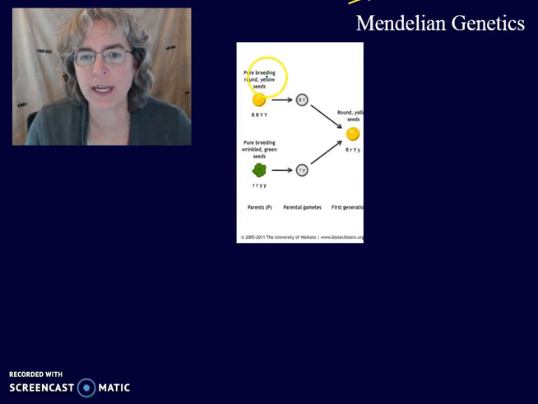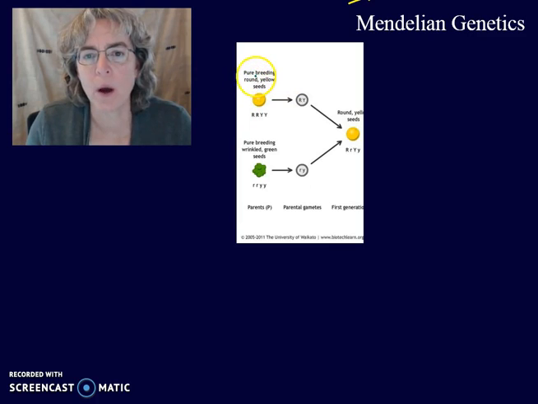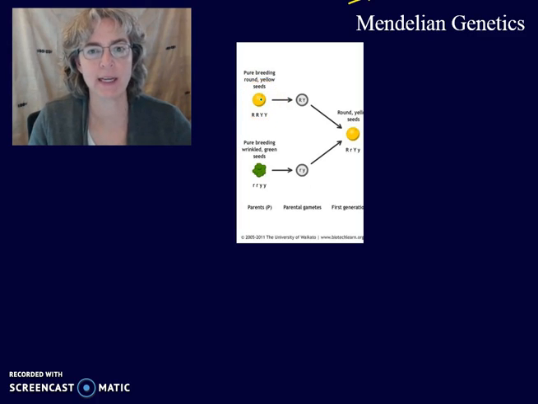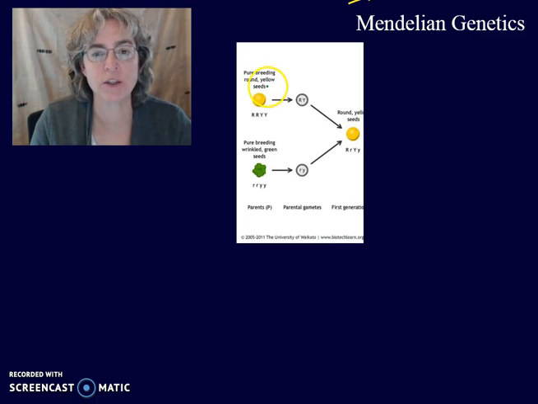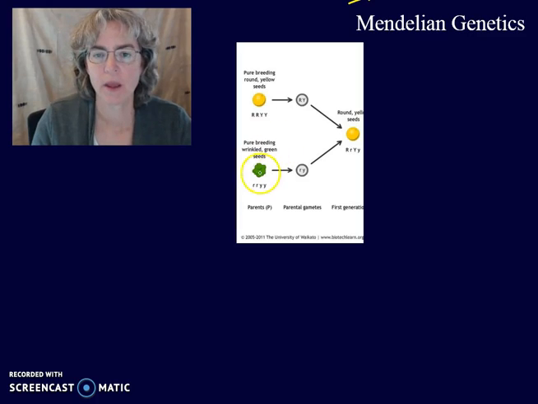What we're looking at right here, we have a plant that produces yellow round seeds. So this plant is homozygous dominant for round seeds and homozygous dominant for yellow seeds. That means that all the seeds are going to be yellow and they're going to be round.